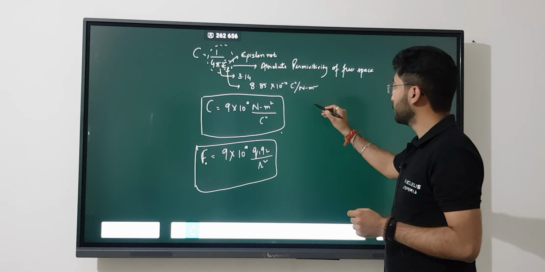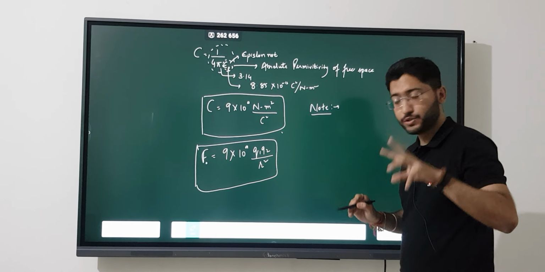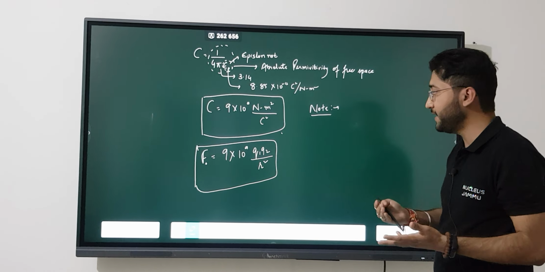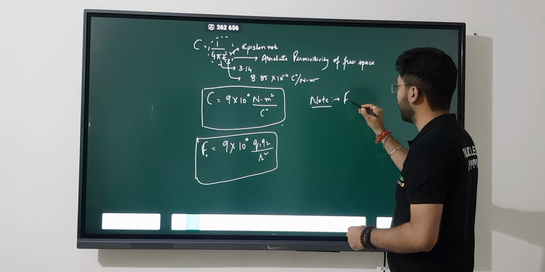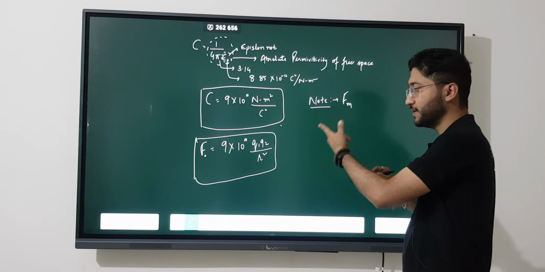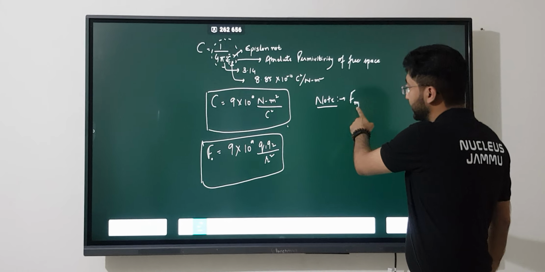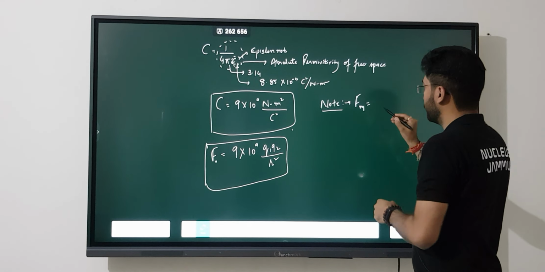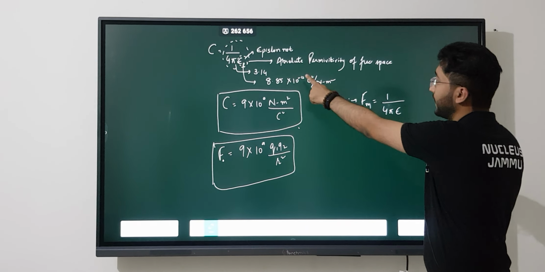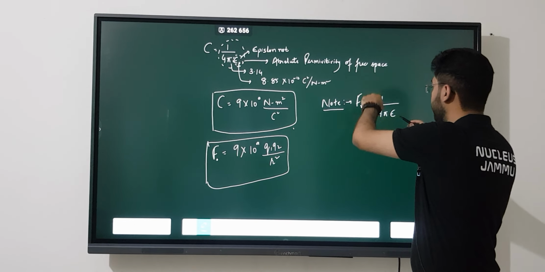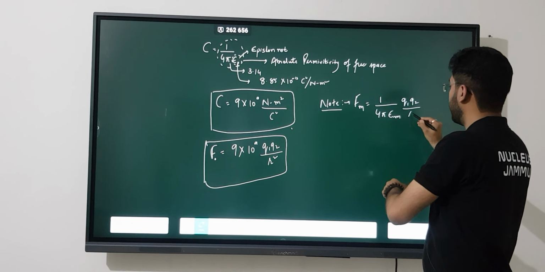But students, note it, when these two charges are placed in some other medium other than air or vacuum, this force is replaced by the formula Fm, meaning the force of attraction or repulsion between the two charges separated by a distance r in the medium is equal to 1 by 4 pi epsilon, the absolute permittivity of the medium, Q1 Q2 by r square.